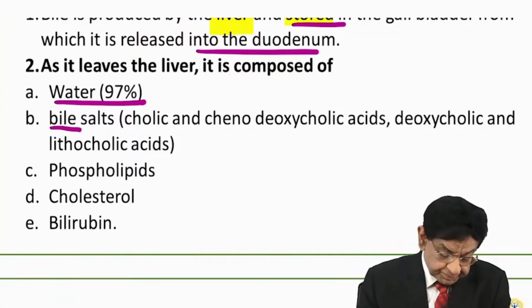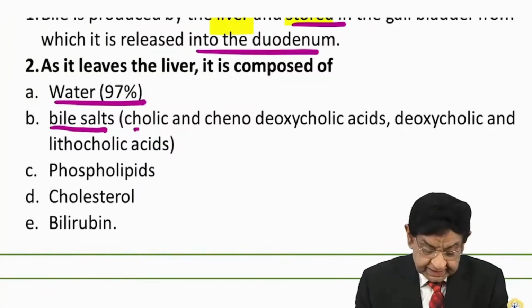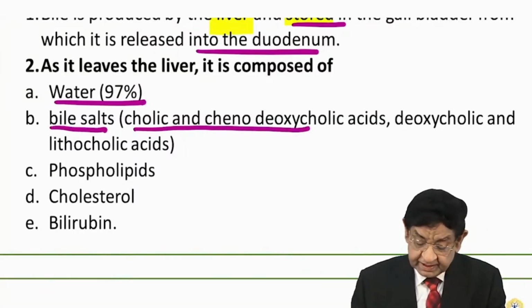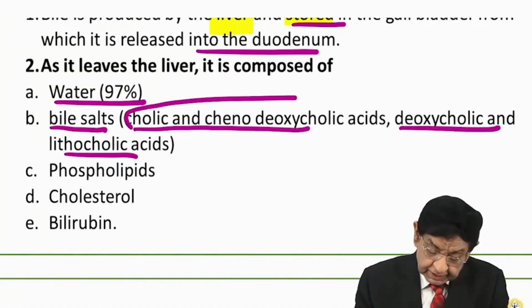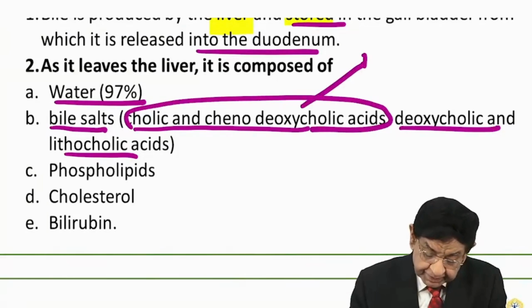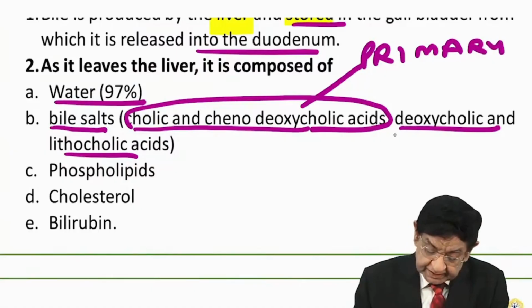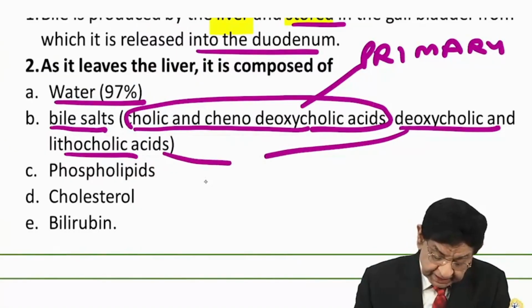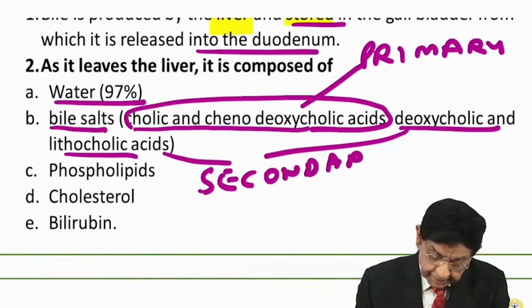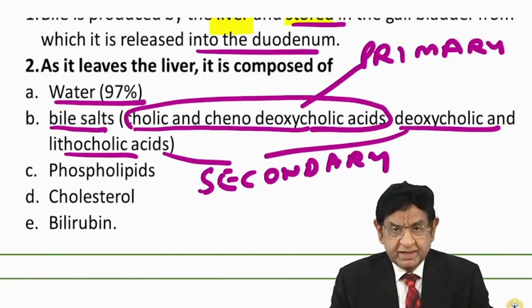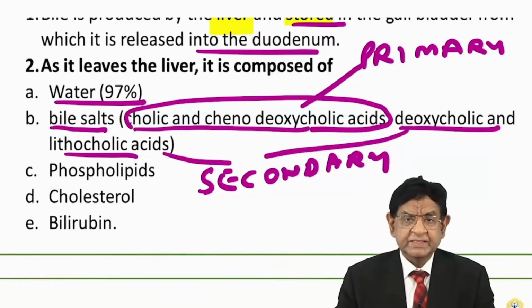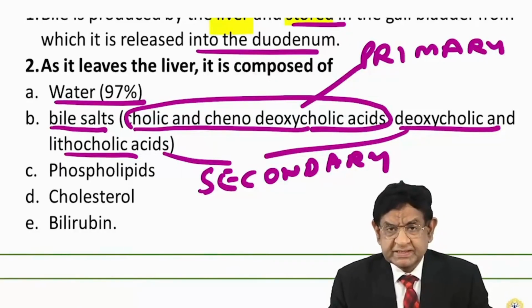Bile salts, which include cholic acid and chenodeoxycholic acid, which are the primary bile acids, and deoxycholic acid and lithocholic acid, which are the secondary bile acids.